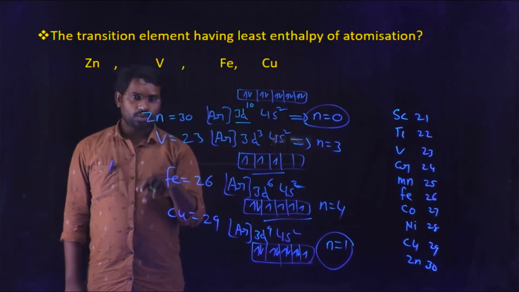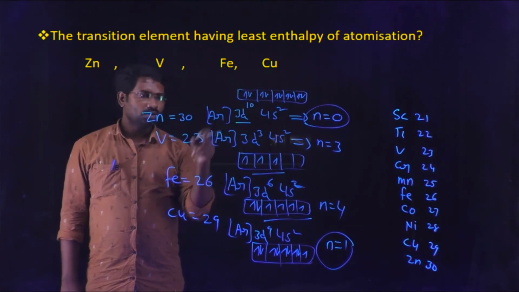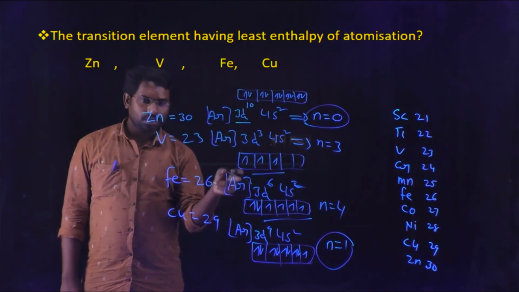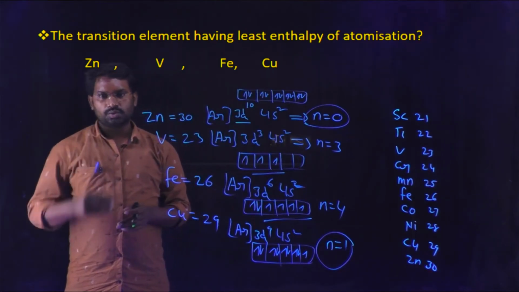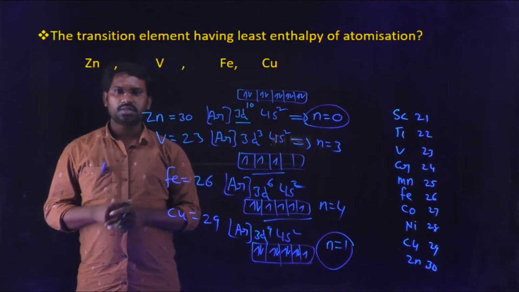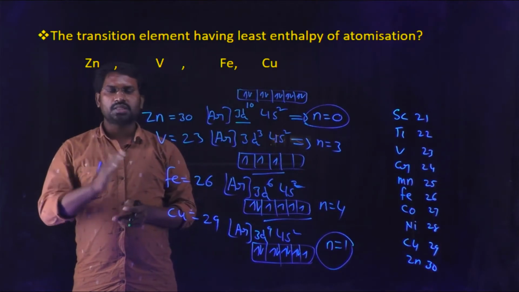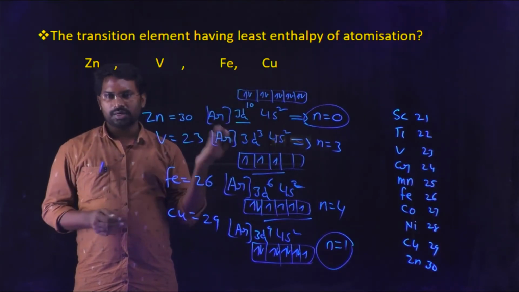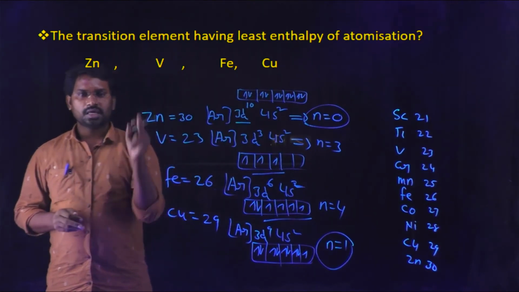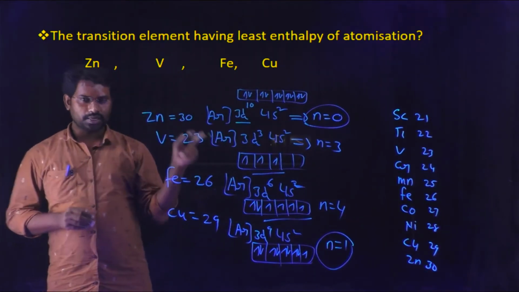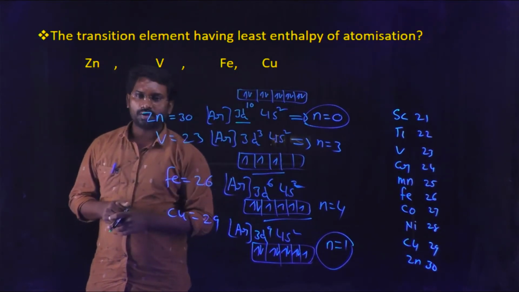Here a doubt may arise in your mind: what is the relation between the number of unpaired electrons and enthalpy of atomization? The question asks for the transition element having least enthalpy of atomization, but why do we have to write the electron configuration for those atoms? Because the enthalpy of atomization is directly proportional to the number of unpaired electrons.